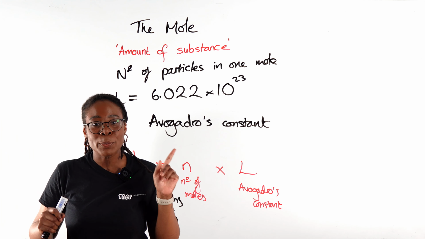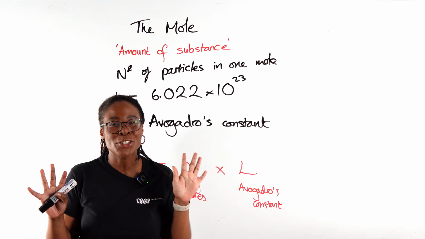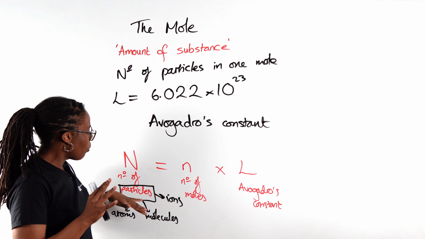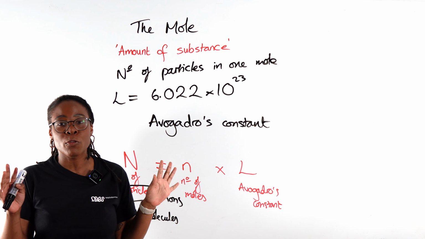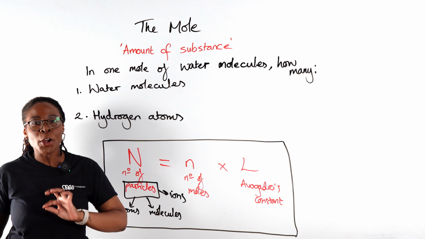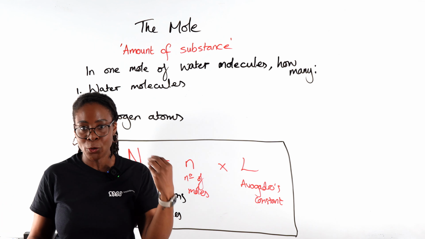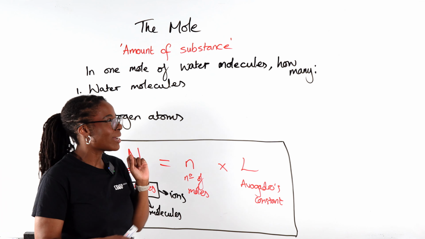So it doesn't have to be just one type of particle. Let's start to put this into practice. I'm going to show you how the number of particles and how this relates to the number of moles could possibly catch you out. So for these examples, I'm going to keep the numbers themselves really simple so that we can focus on the core understanding.